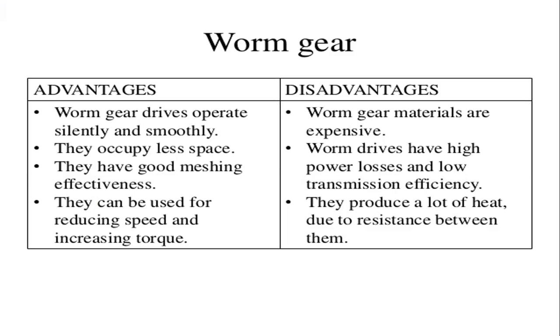They occupy very little space and have good mesh effectiveness. They can be used for reducing speed and increasing torque. That is the main proportion of worm gears.